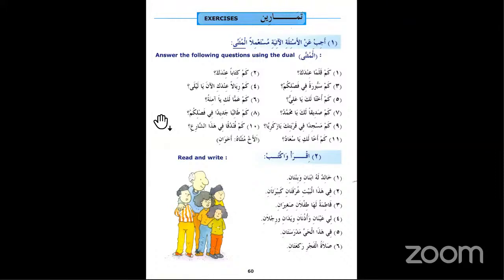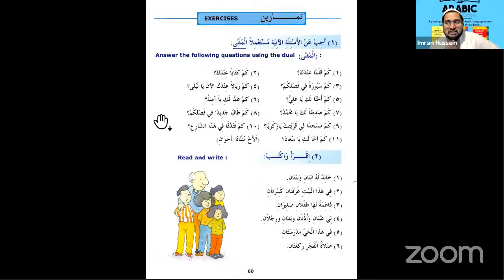Indana is correct, or indi is correct, depending upon who is being addressed. If it's one person and you're talking in the plural form, then indi is correct. But if he's talking to a collective of more than 2 people, then you'll say indana, we have saburatani. Is that clear?